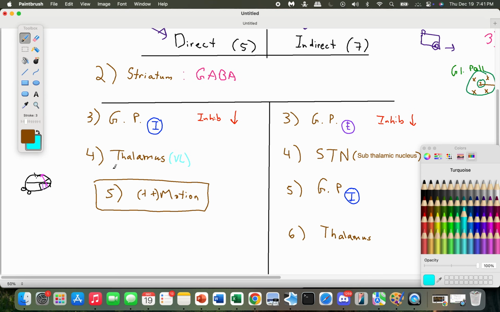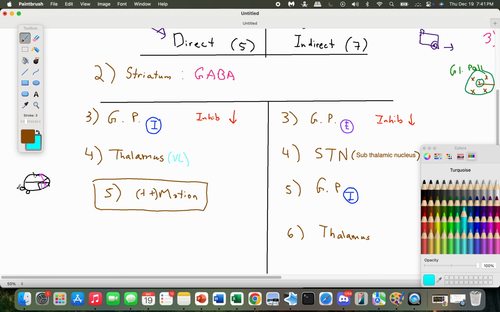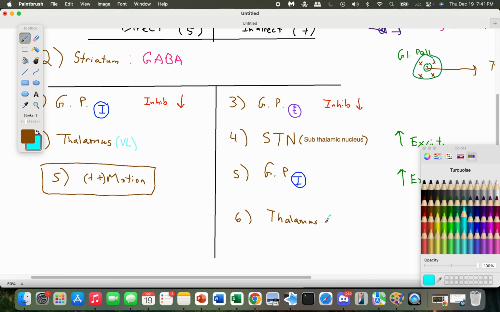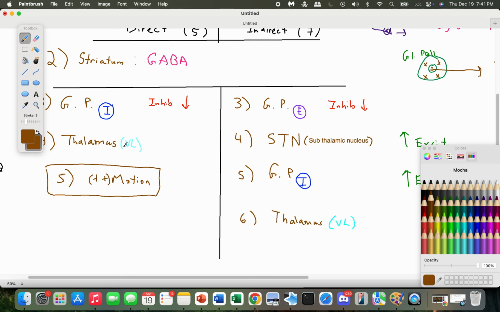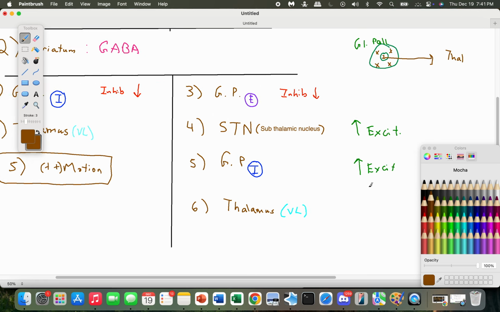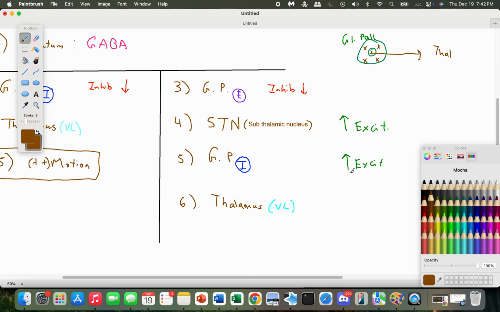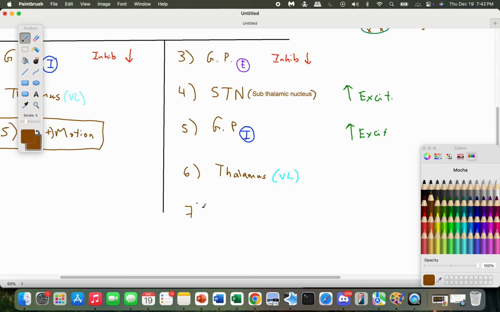Well, as we determined on this side using this drawing, using the previous video about the thalamic nuclei and how to remember their functions, we're talking about the ventral lateral group of the thalamus. Okay, and if here we send the inhibitory signal, and now we're sending the excitatory signal, that's going to cause a decrease in motion.